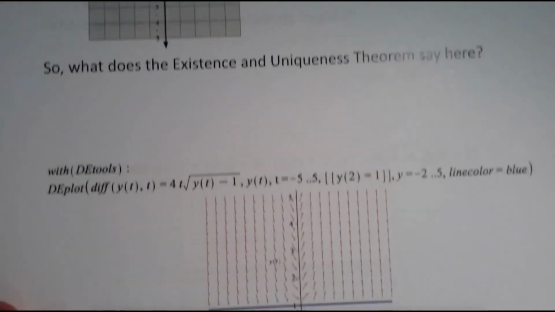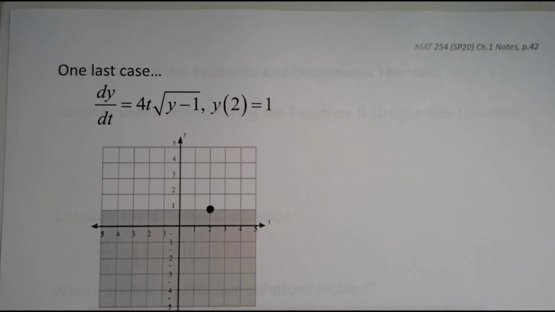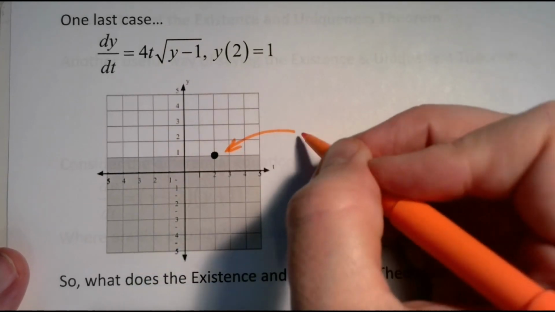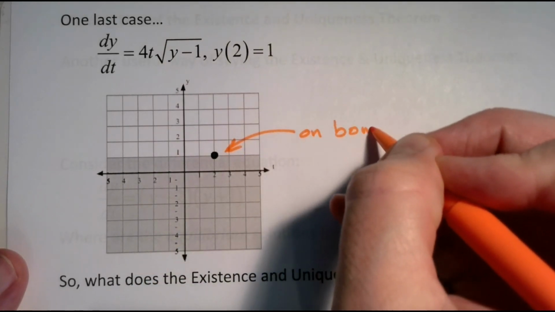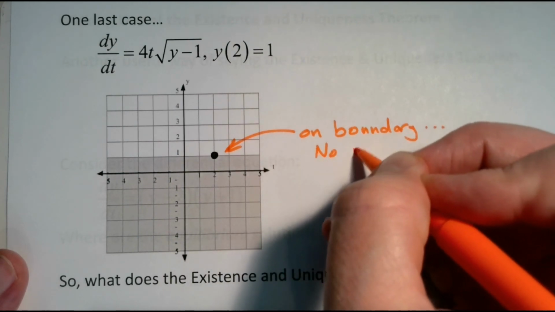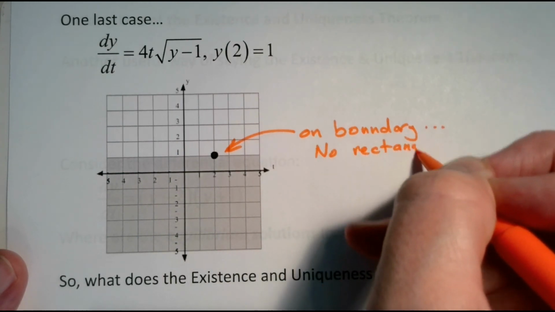So at the top of the next page, we're finishing off this example. It keeps going and going. If you have something that's on the border or on the boundary, no rectangle can be drawn around it.